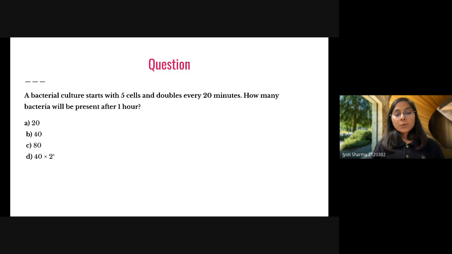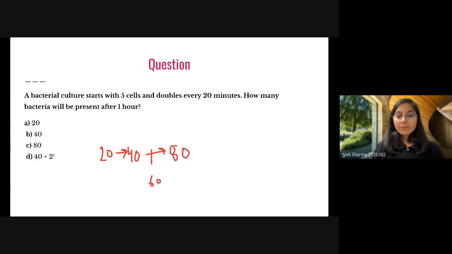So okay, first calculate the number of generations. So it started with 20 minutes. So from 20 minutes to 40 minutes, it will have the first generation, right? Then 40 to 80, it is the second generation, but it is 60.